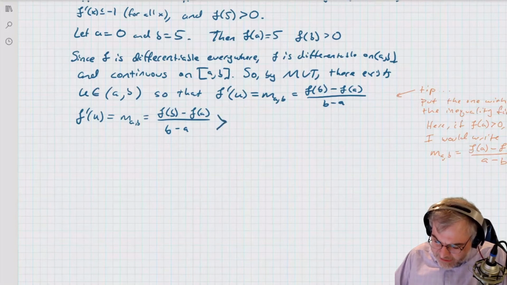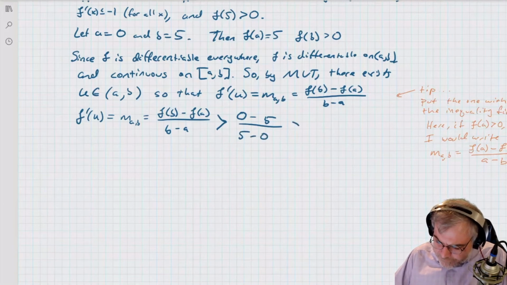F of b is greater than 0, so whatever this is going to be bigger than 0 minus f of a, which was 5, all over 5 minus 0. Negative 5 over 5, which is equal.